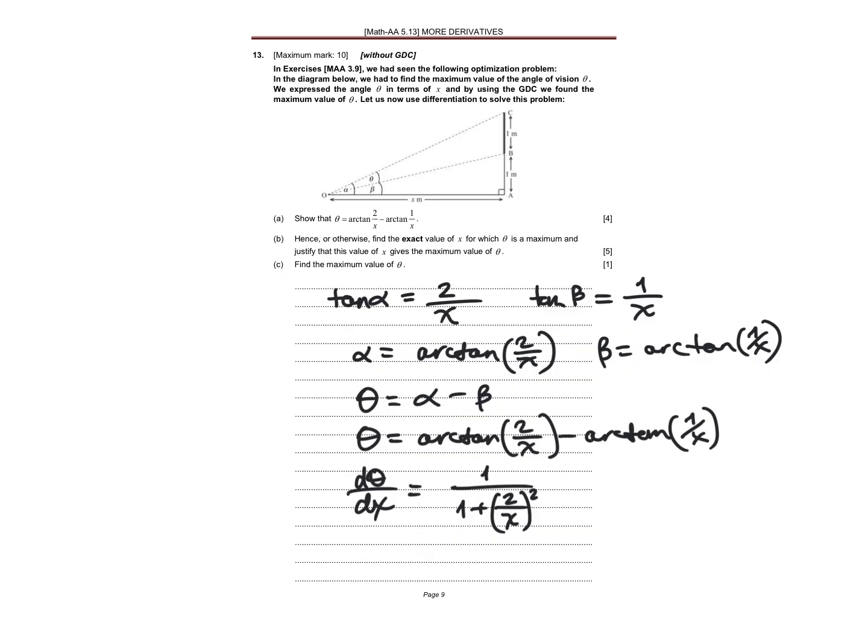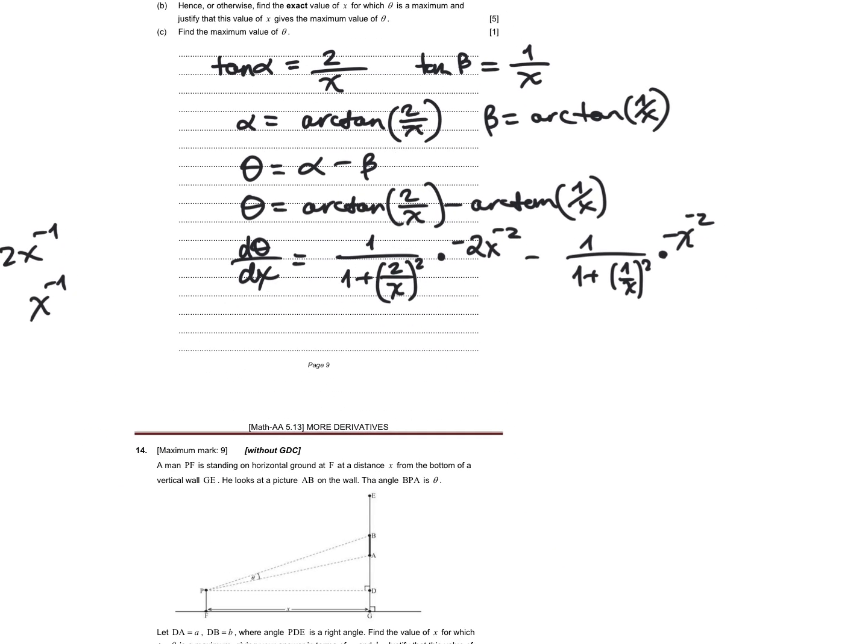And this is like 2x to the negative 1, so we have to multiply by negative 2x to the negative 2. Then, same thing here, we're going to have 1 over 1 plus 1 over x squared, and then times, this is x to the negative 1, so negative x to the negative 2.